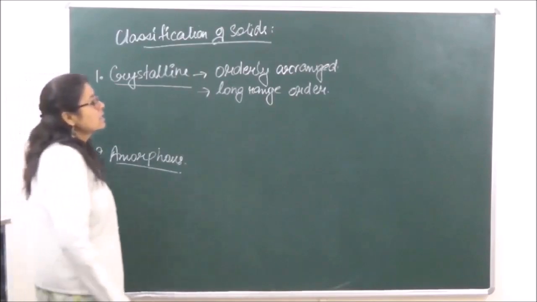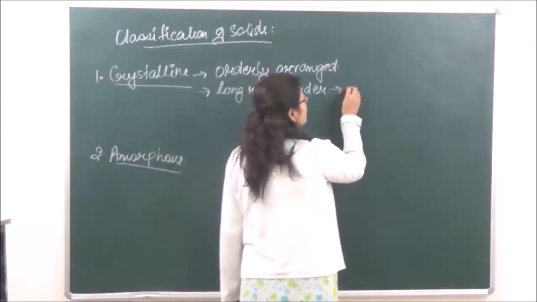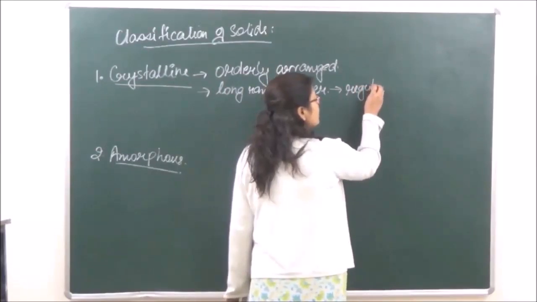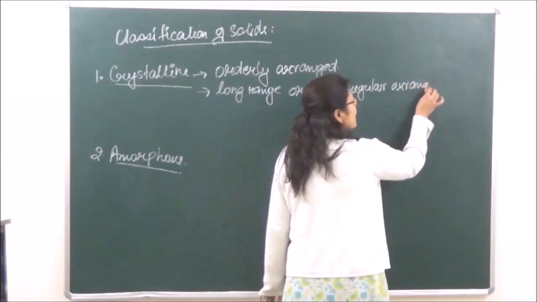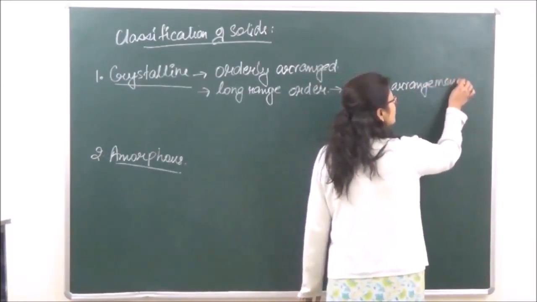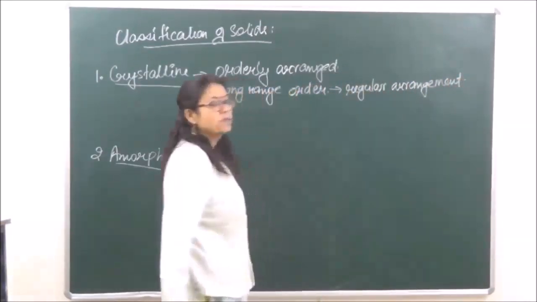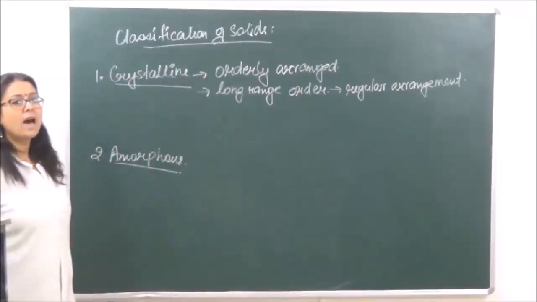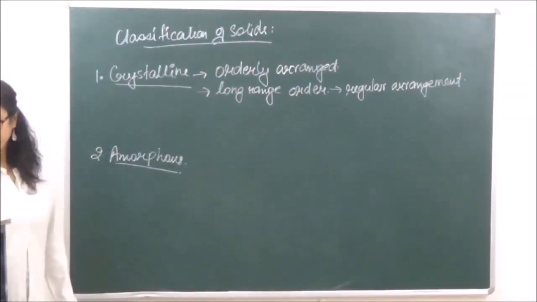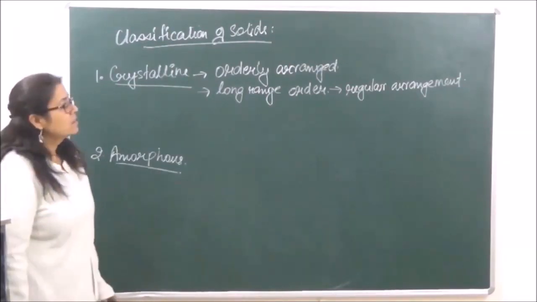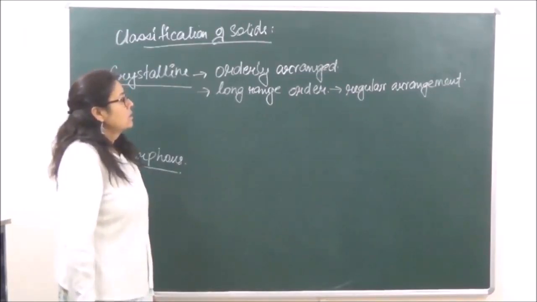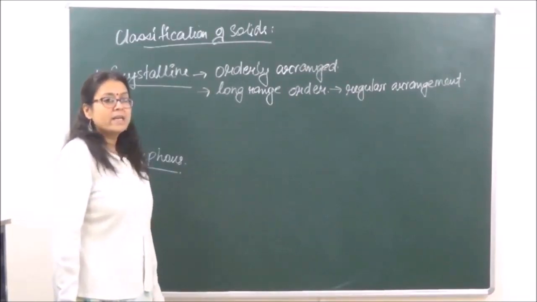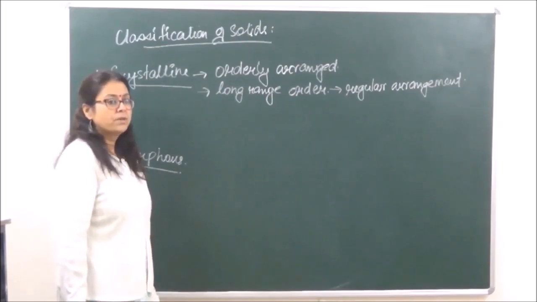So if you want to define what long range order is, you can write down that when the constituent particles have a regular arrangement over a larger area of the substance, that is known as long range order.